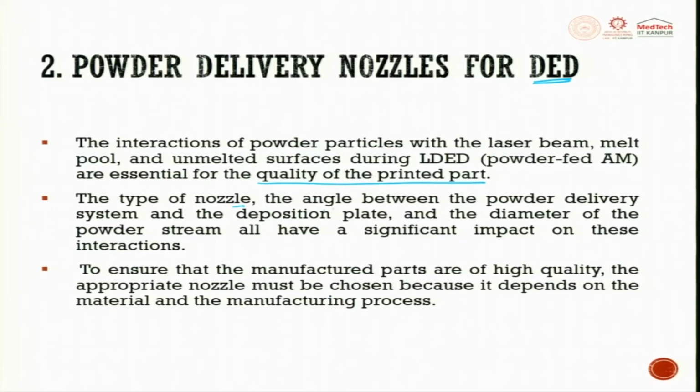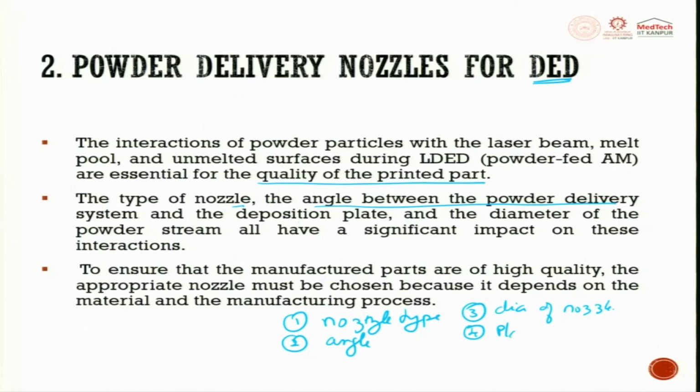The type of nozzle, the angle between the powder delivery system and the deposition plate, and the diameter of the powder stream all play a very important role. First is nozzle type, the next one is angle, third one is diameter of nozzle, and fourth one is the plate deposition.